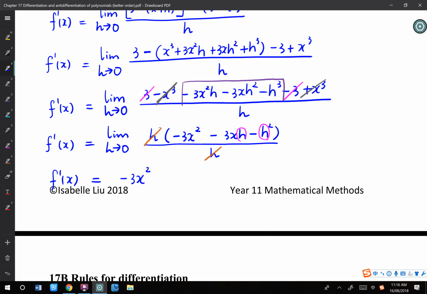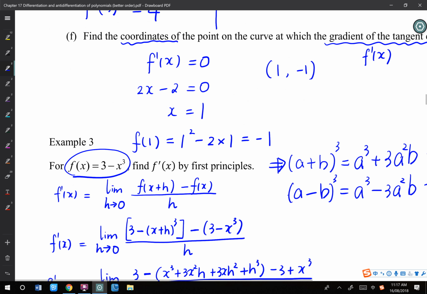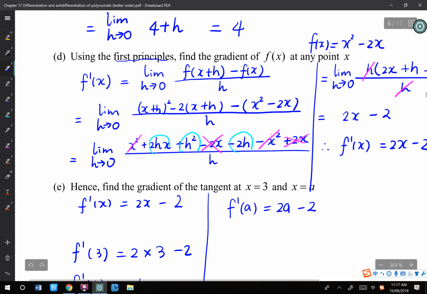From this exercise, I have done two first principles. The first one I have done is here. For this one, f(x) equals x squared minus 2x. I will just write this down.